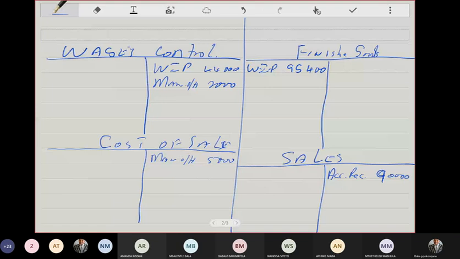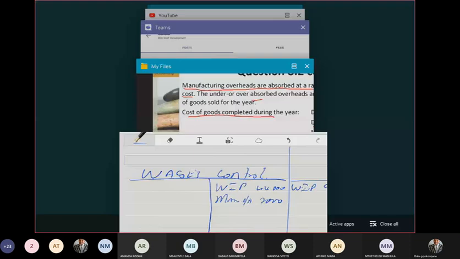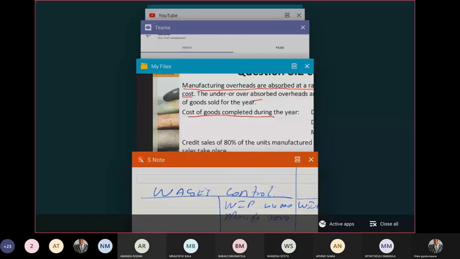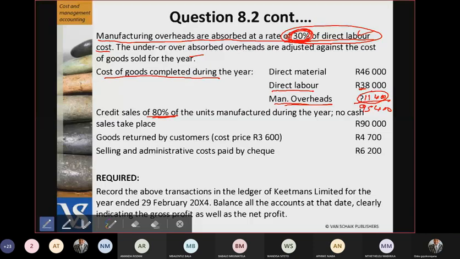And remember we've made these sales, and they've indicated to us, guys, that it's 80% of the units manufactured. So that 80% is there to help us, because we've got these sales of 90,000, that is the sales amount.